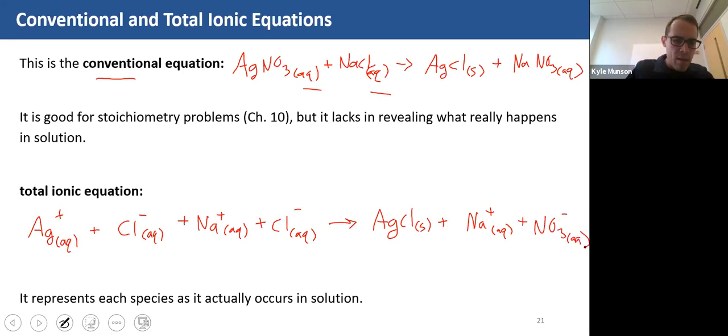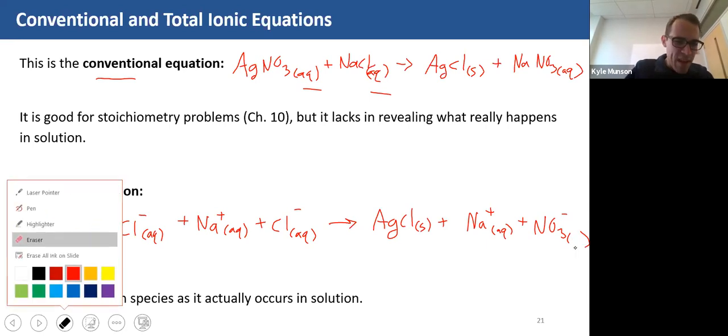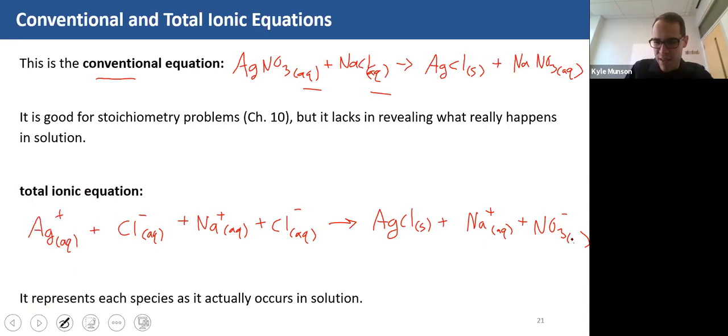Okay, that is not an AA, that is an AQ, okay? My pen maybe isn't sensitive enough to write that. Okay, there we go. So again, this is the total ionic equation and represents each species as it actually occurs in solution. Okay, so that is a key there.